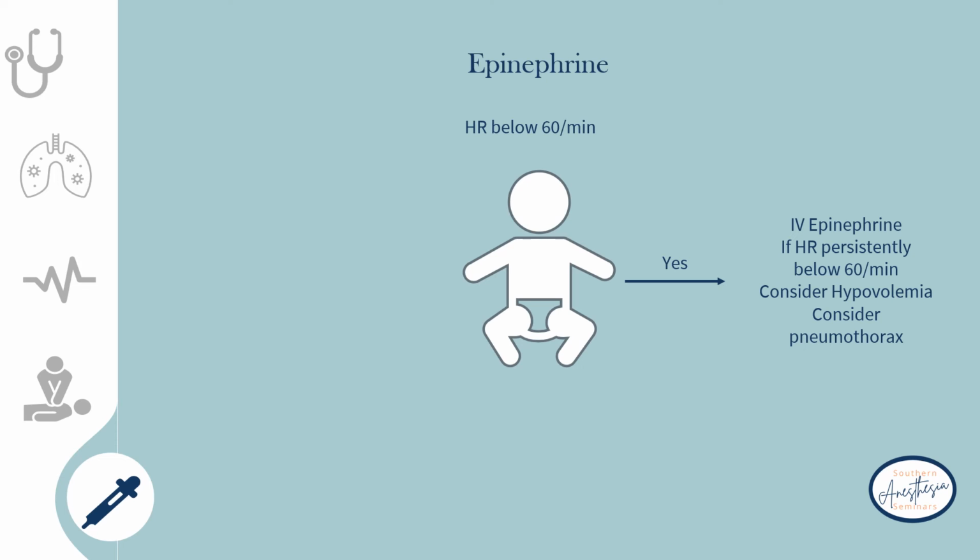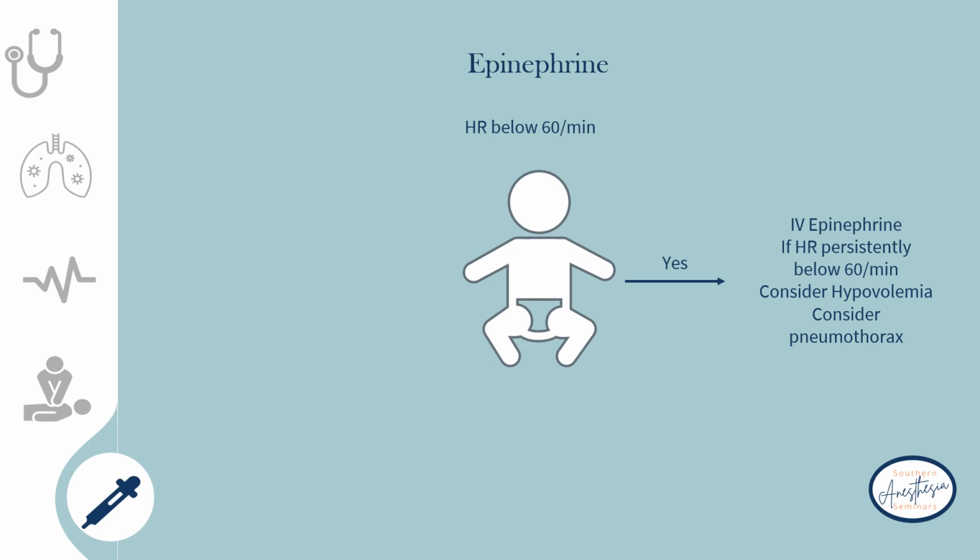At this point, you also need to consider what is causing the infant to continue to be compromised, because most infants will respond very well to proper oxygenation. So you need to consider possibly hypovolemia, pneumothorax, or any other underlying condition that could be contributing to this prolonged need for resuscitation.